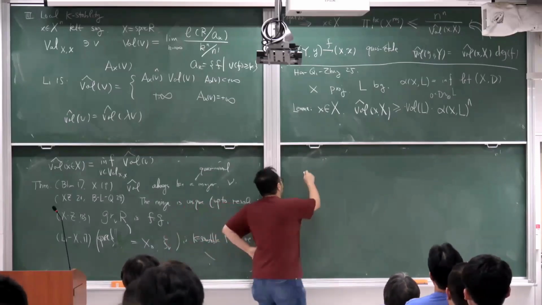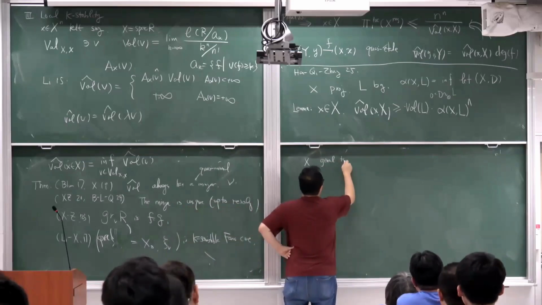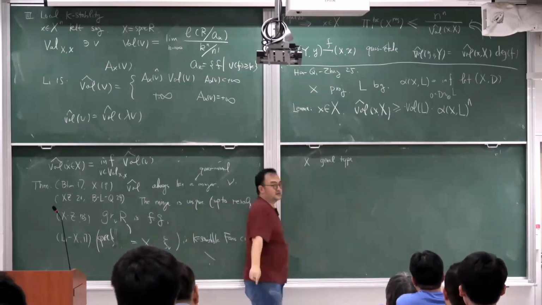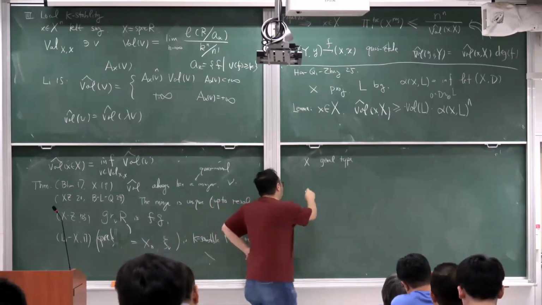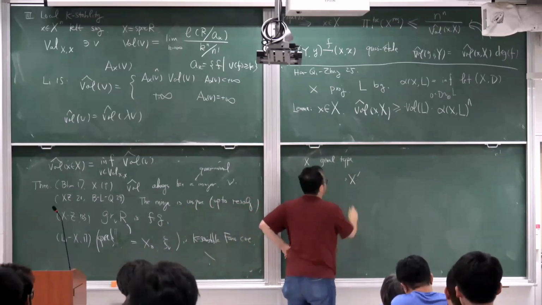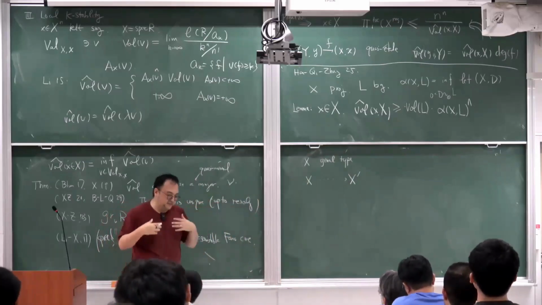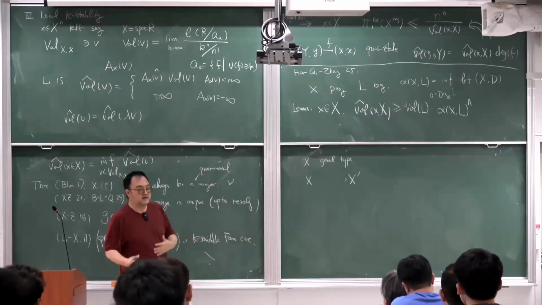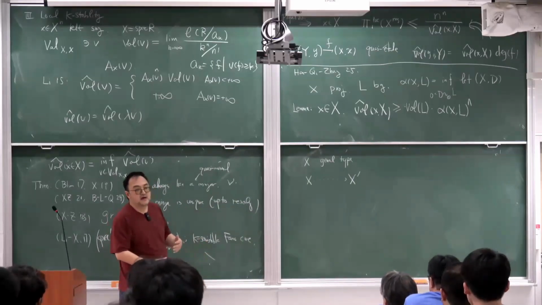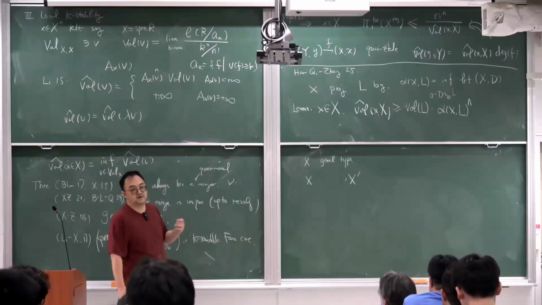Now I consider X a general type variety, and I run any sequence of minimal model program. So we know by BCHM that if we run MMP with scaling, this is always going to terminate. But we actually don't know if we run any MMP, whether this terminates or not.